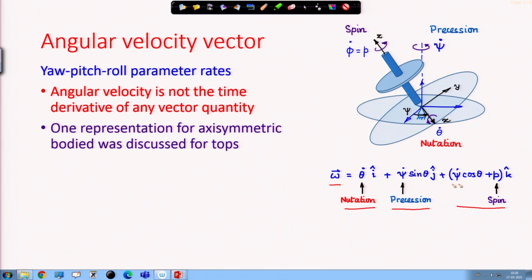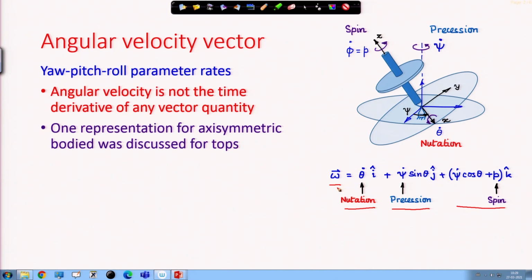Of course, only theta is present here, and psi and the spin rates were not present, because we have assumed that the spin was constant and that angle does not contribute because the body is axisymmetric.